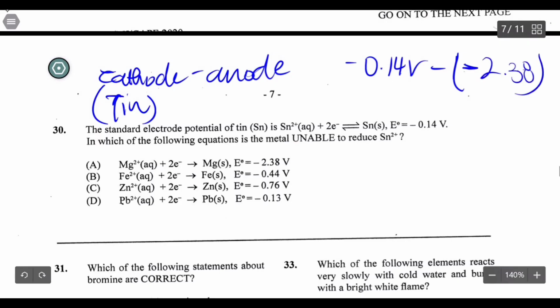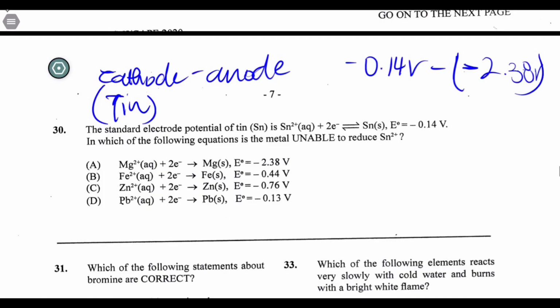If your value is positive, that means that the reaction is feasible, therefore this electrode has the potential to reduce tin. So minus 0.14 minus negative 2.38 gives a positive 2.24, therefore that reaction is feasible and magnesium can reduce tin. Now minus 0.14 minus negative 0.44 would give you a positive 0.3, and that tells you that iron can indeed reduce tin because the reaction is feasible.